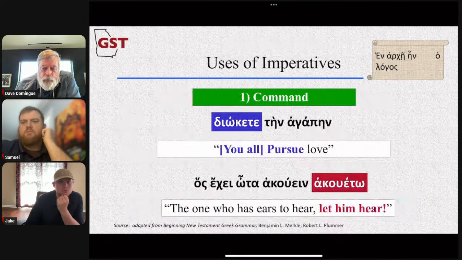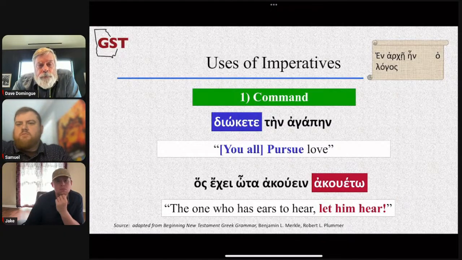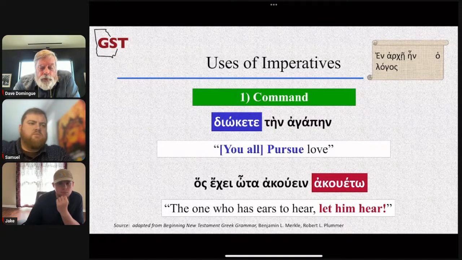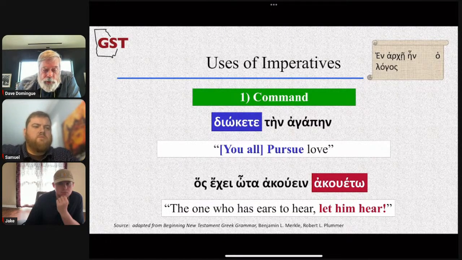Okay. So let's talk about the uses. What you're probably familiar with, an imperative is oftentimes a command, right? Diōkete tēn agapēn. You all, this is a second person, right? Second person plural. You all pursue what?